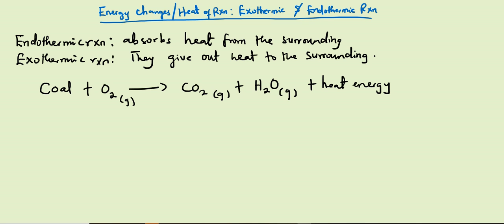Okay. So what is happening is that some reaction is breaking the bond in the coal and also in oxygen. So bonds are broken in the reactants. And in the products, we are forming bonds.